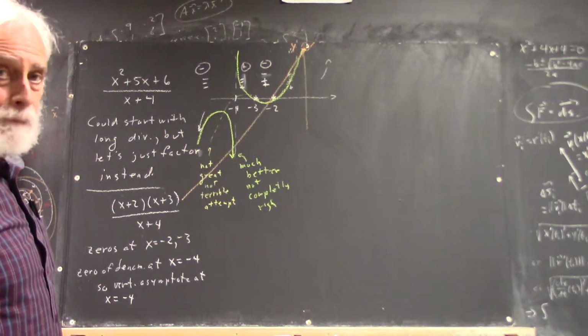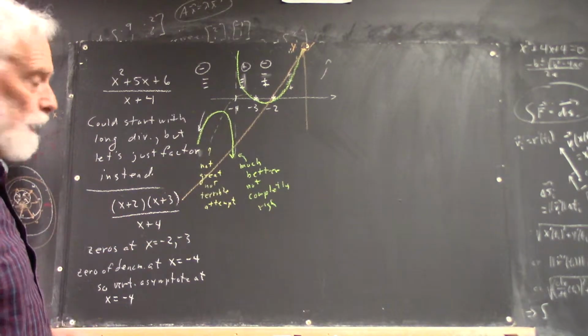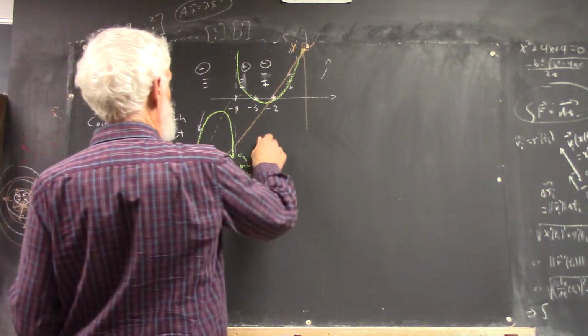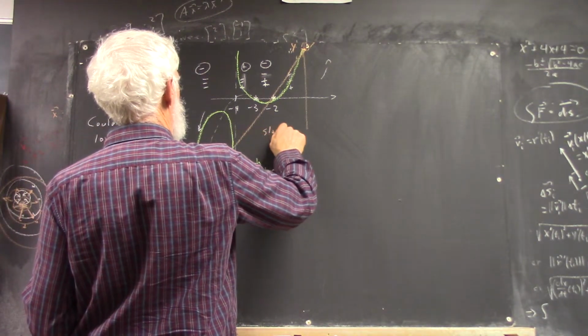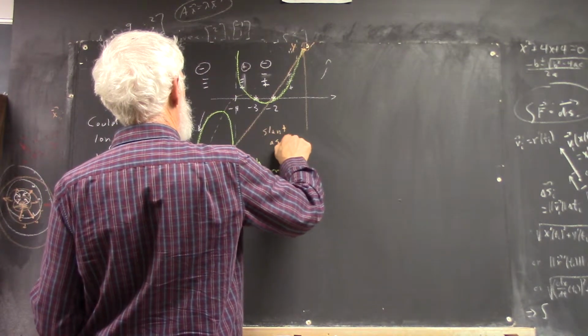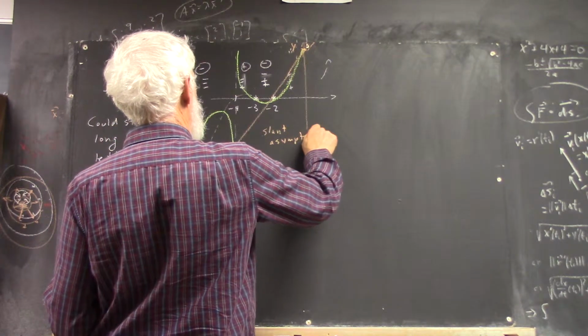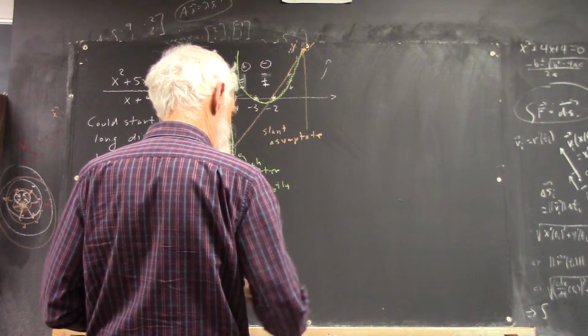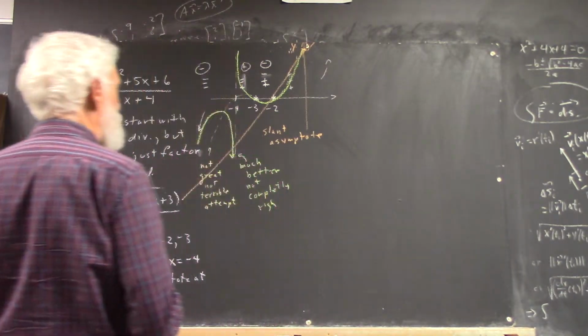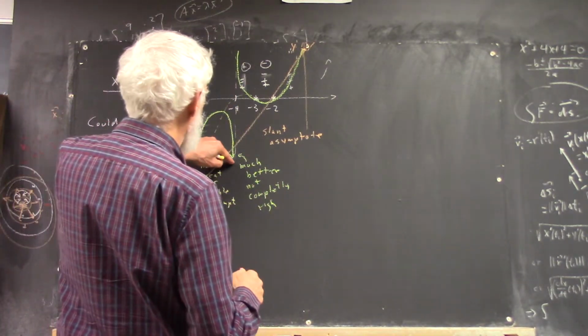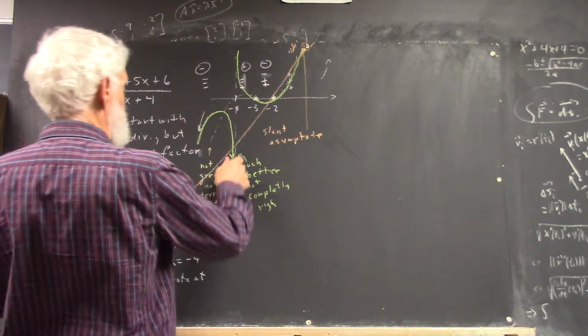That is not a horizontal asymptote. Here's our slant asymptote. Then our graph is going to look very much like this near the asymptote.